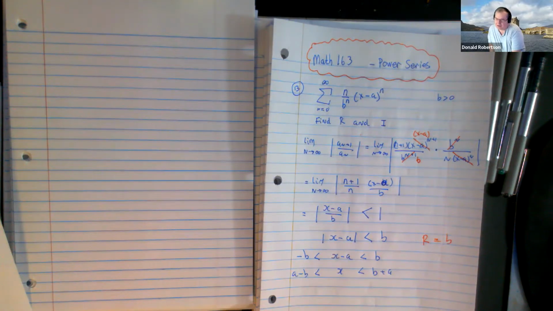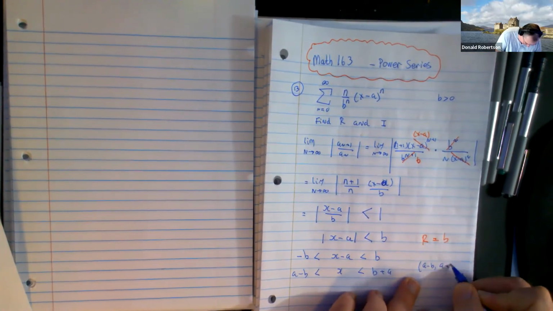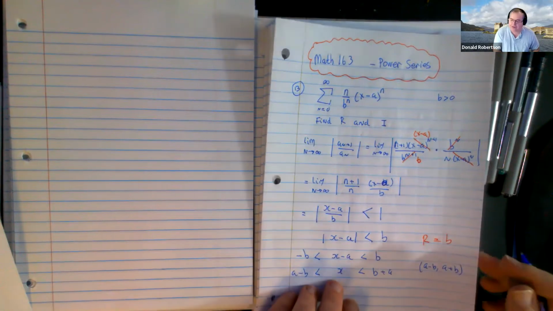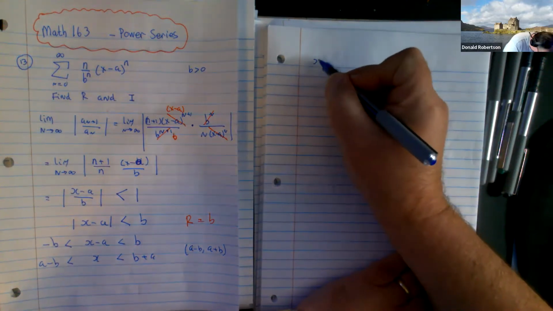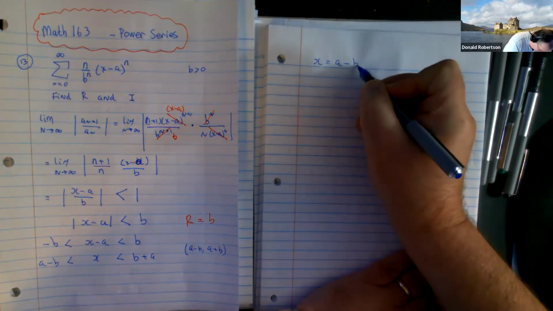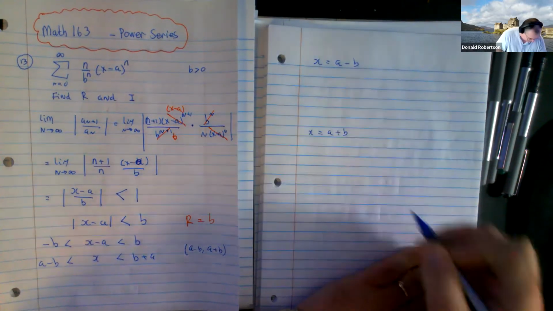Agreed? A minus B, A plus B. Shouldn't we test the endpoints? Right. So the two endpoints are x equals A take away B and x equals A plus B.